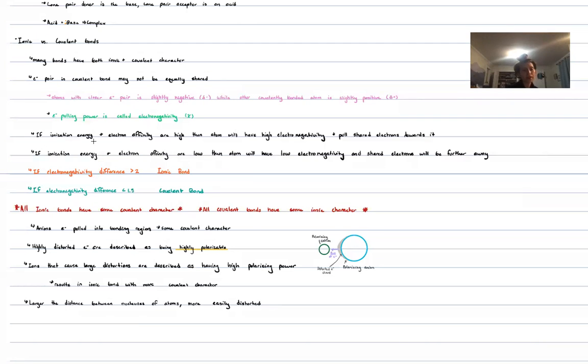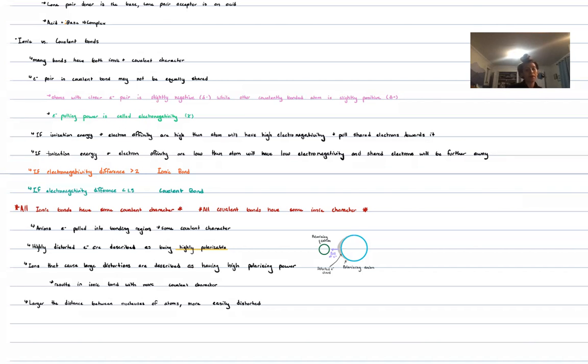So if the ionization energy and the electron affinity are both high, then the atom is going to tend to have a really high electronegativity, and it's going to want to pull a lot of the atoms towards it, because this is basically saying it doesn't want to lose an electron, but it really likes to take electrons, so it's going to pull that electron a lot more than other atoms.